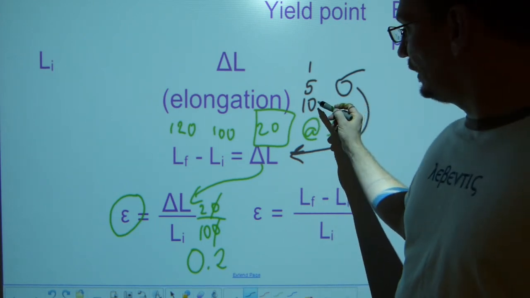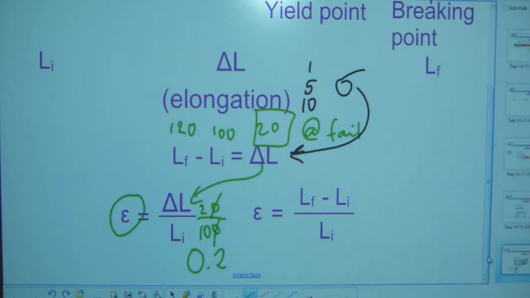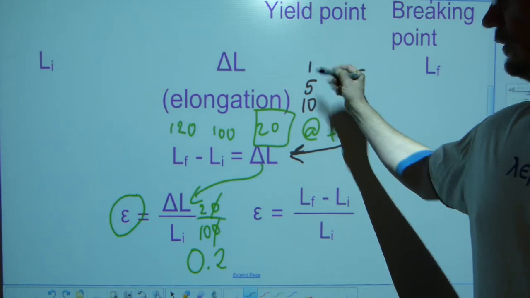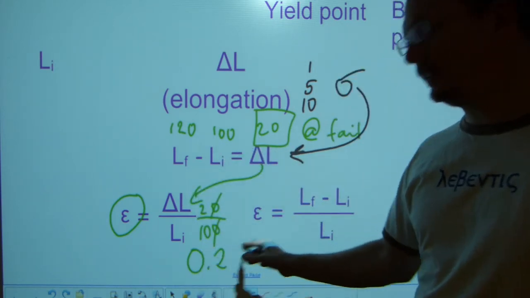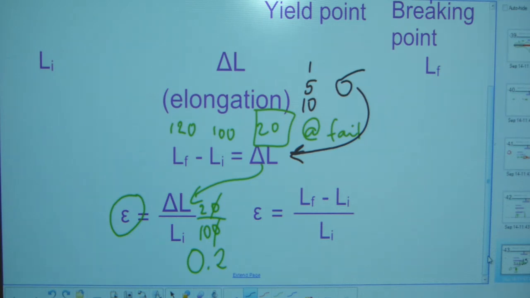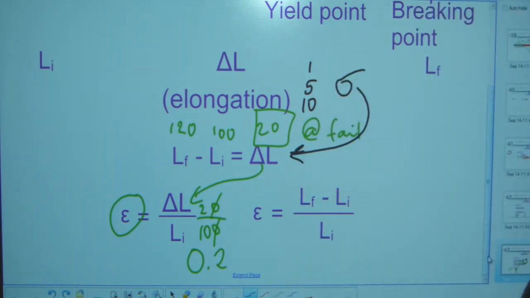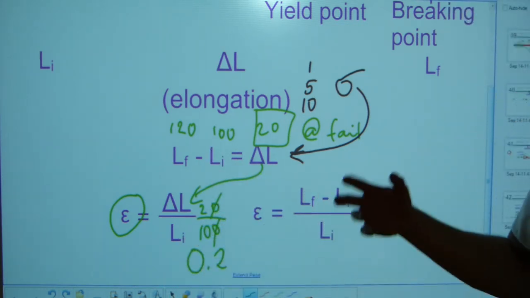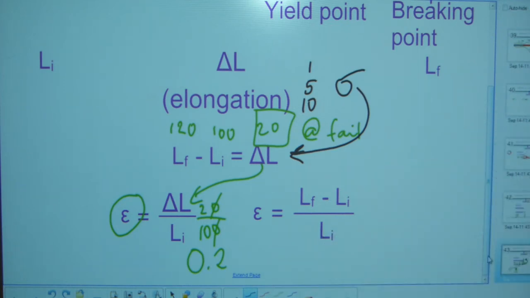If it's elongating 10 millimeters, then it's 10 over 100, so its strain is 0.1. Or 0.05 if it's 5, or if it's only 1 millimeter longer as it's being bent, it's 0.01 for that 1 millimeter. So at any point during the journey of the material, its strain shows how much stretch the material is under. That's what this is.